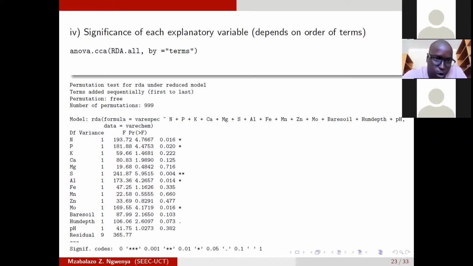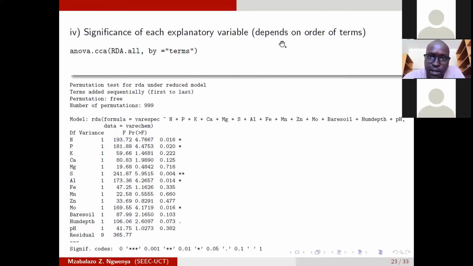We may also be interested in exploring the significance of our terms, so our individual environmental variables, whether they are significant or not. The first test is a significance test where you consider the sequence in which you've entered the terms. So your N comes in first, your P comes in next, and you can perform a significance test there.